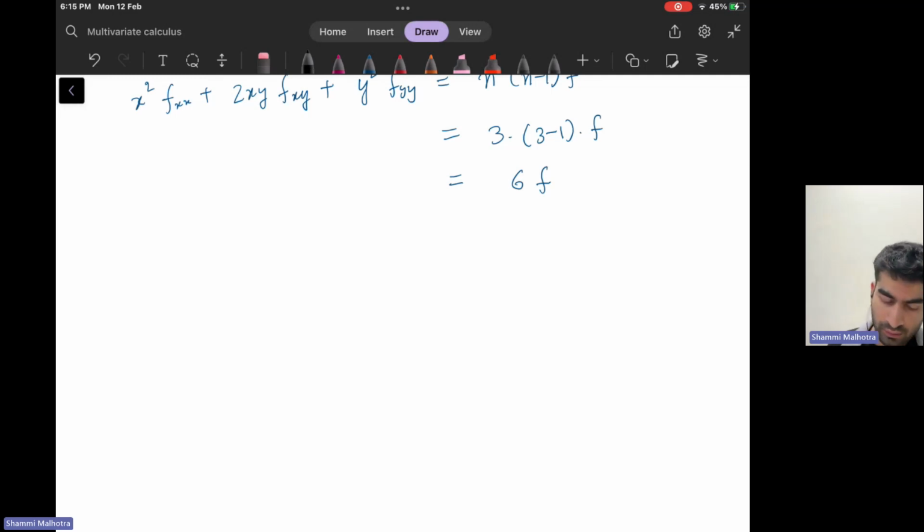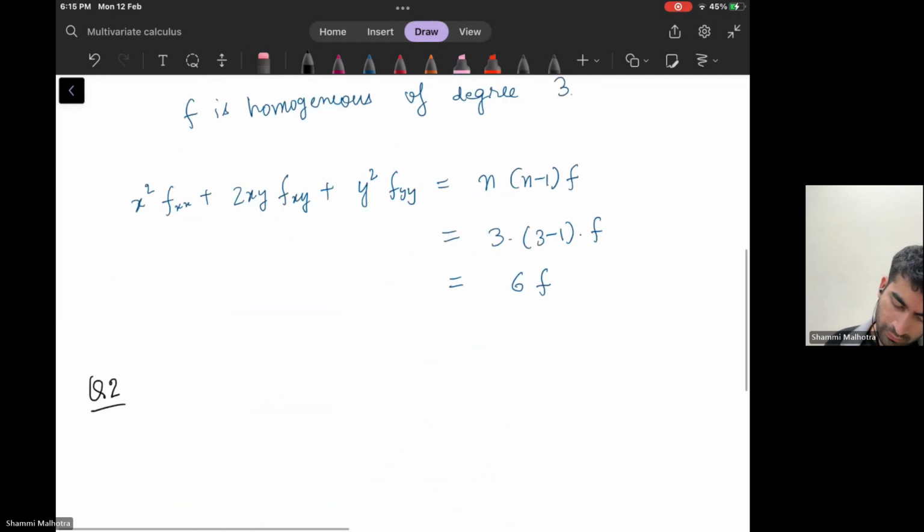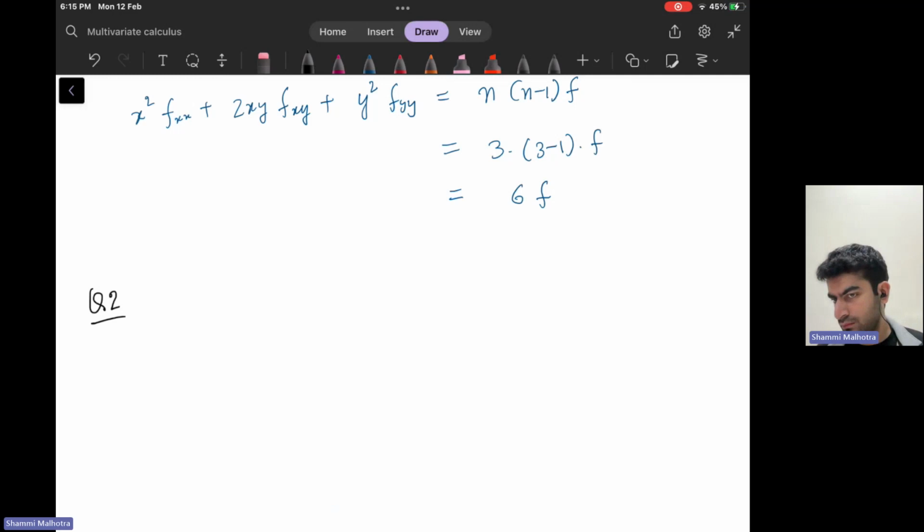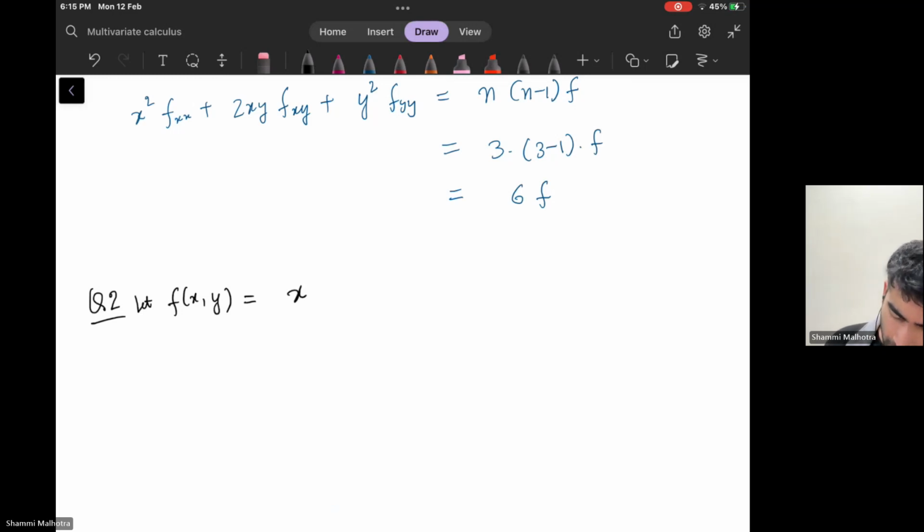So let's try one more question based on homogeneity. The function is f(x, y) equals x y cube plus x square y square plus x to the power 4.